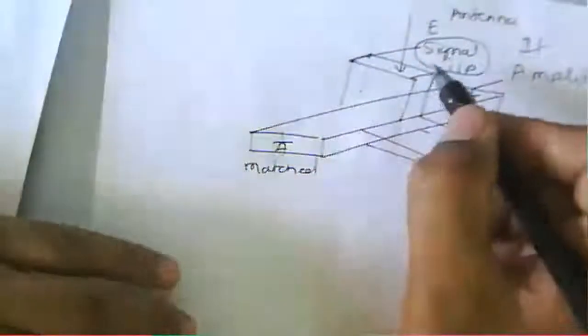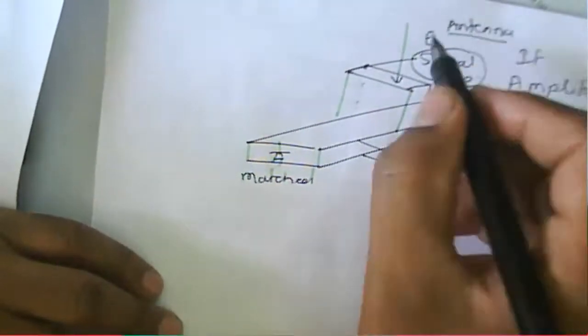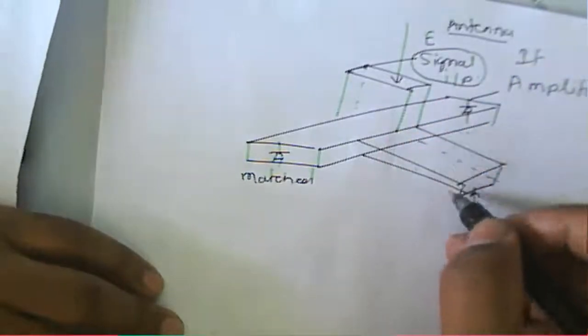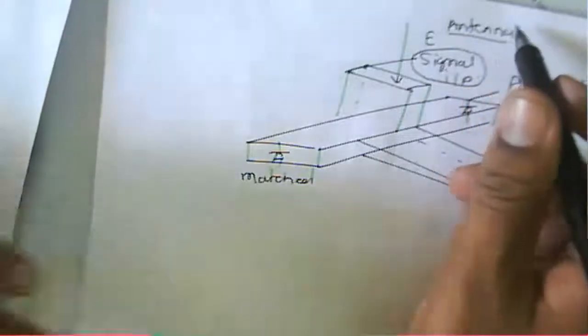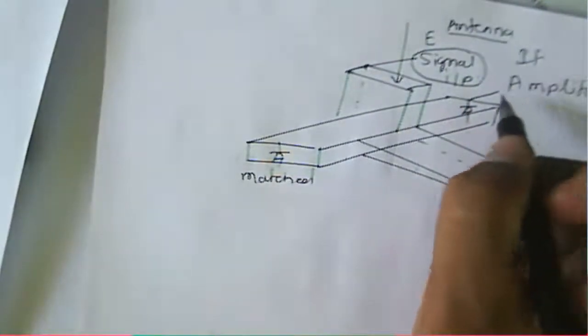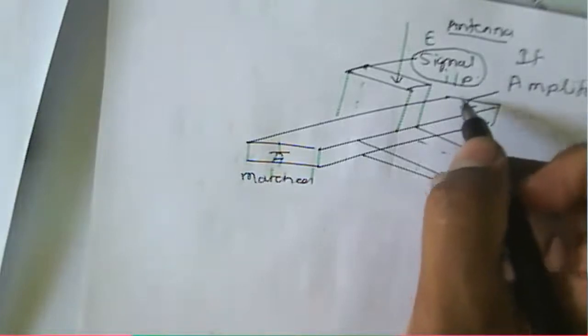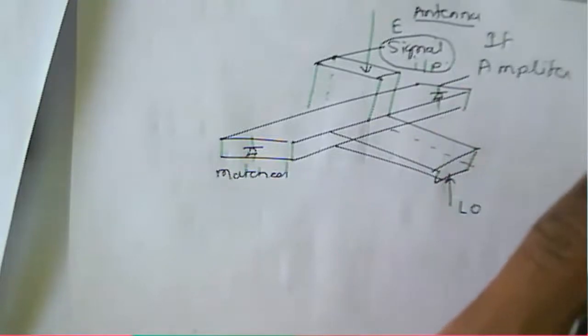Now we are getting a signal from the antenna, that is whatever carrier we have. Okay, so at the same time we need to consider the local oscillator to reduce or remove that particular carrier signal, so that we will get the IF amplifier. Okay, so we can consider a mixer here, a mixture of these two signals, and then we'll get the output.